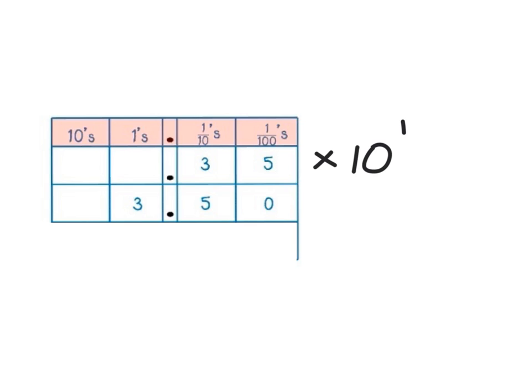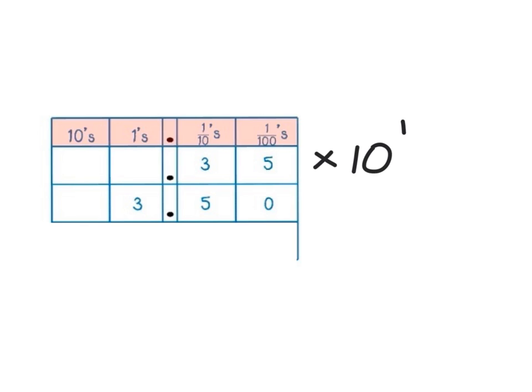So do you see that it shifted the 3 from the tenths over to the 1s spot, and it shifted the 5 from the hundredths over to the tenths spot, and then it used a placeholder. So now 35 hundredths times 10 to the first power is actually 3 and 5 tenths, or 3 and 50 hundredths. Okay?